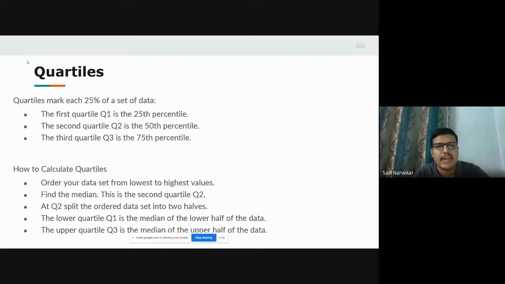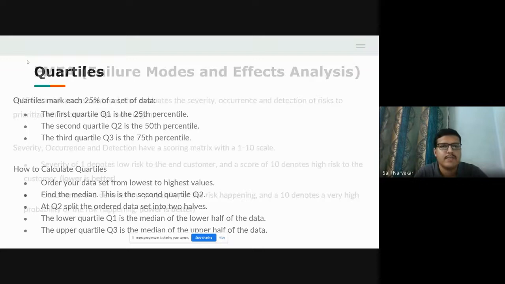The median is the second quartile. Then for the part below the median, you find the median of that, and the median of the lower half of the data is the lower quartile, which is Q1, and the median of the upper half of the data is the upper quartile, Q3. That's just some miscellaneous knowledge about box plots.